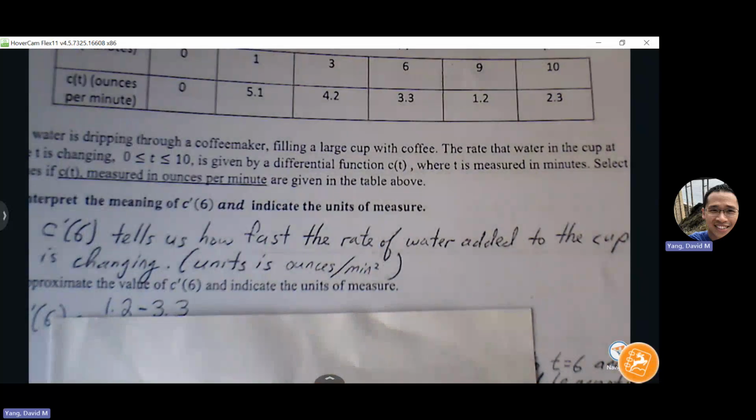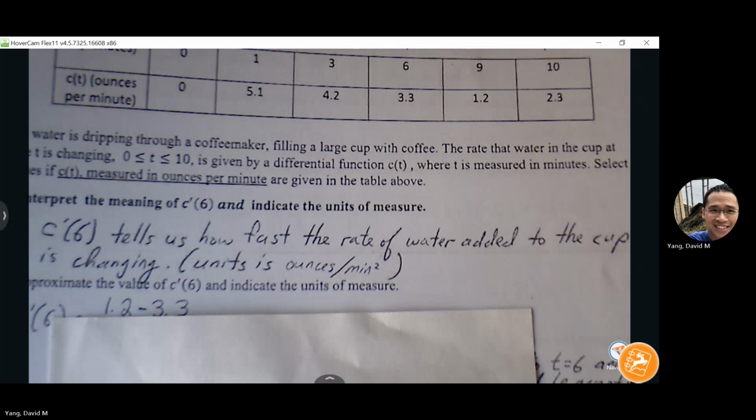That's more clear in terms of earning points on the AP exam. So we don't want to say rate of a rate, and we don't want to say acceleration. Those two words, increasing and decreasing, are what indicate that there is a rate of a rate going on.